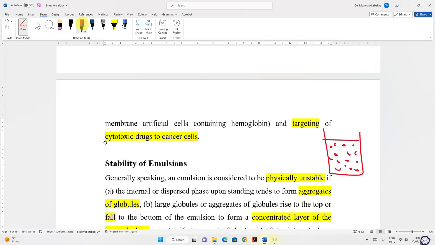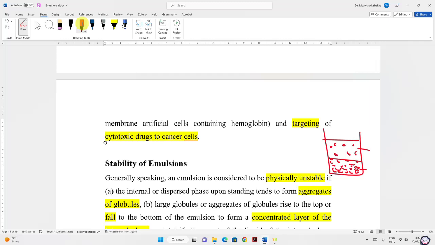A sign of instability can happen if you start to see an aggregation of the internal phase. They are coming close to each other and forming a very dense arrangement. See here, it's not as dense as the one that is here. What you see here is a sign of instability. But the good thing about this is that if you shake the emulsion, you will get things back to what it was. So this one is kind of acceptable, even though it's not sightly.